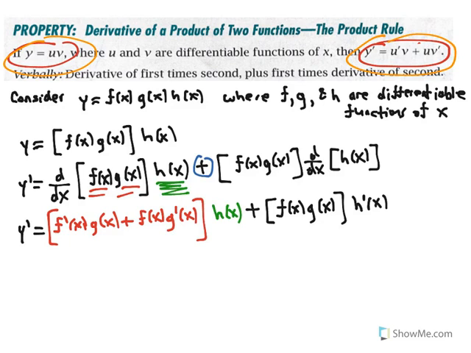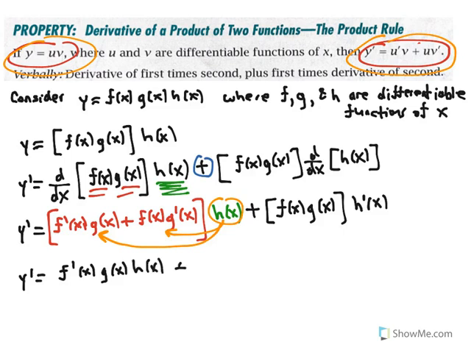So the last thing that you need to do is just distribute this h of x to each of these two terms in the red brackets, and that would give us y prime is equal to f prime of x times g of x times h of x plus f of x times g prime of x times h of x plus f of x times g of x times h prime of x.